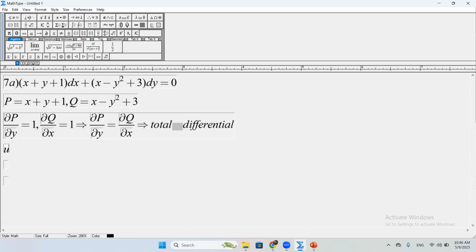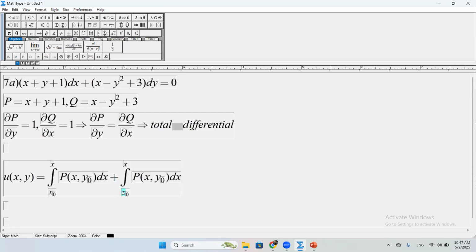So u from xy equals the following integral: from x0 to x, P from x and y0 integrated by dx, plus the integral from y0 to y, and Q is integrated by dy, and y is without 0, so just a variable, not a number.